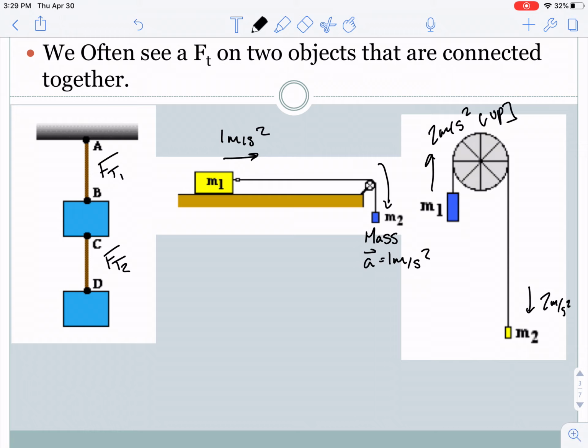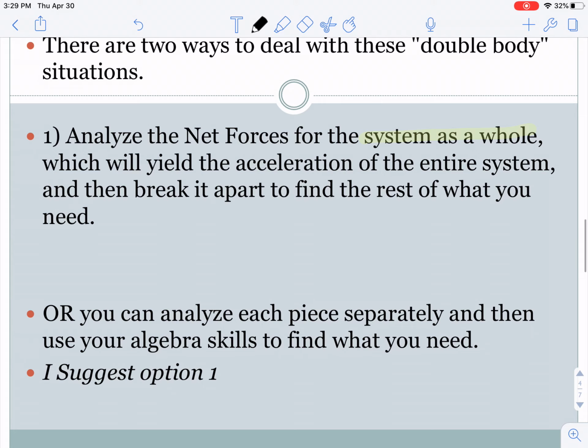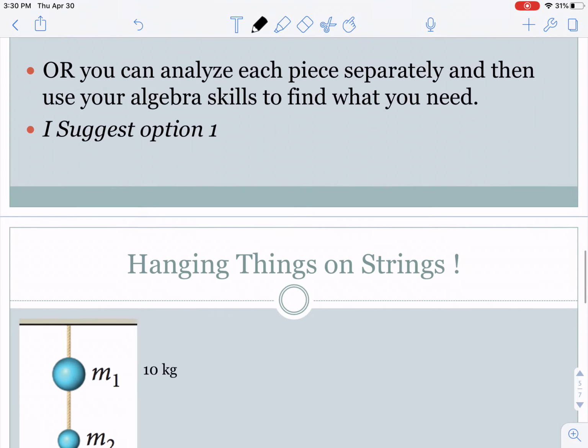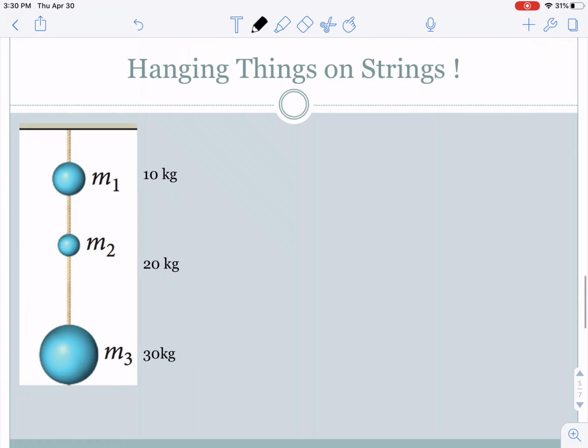The whole goal of this process is to find the acceleration number for the entire system. There are two ways to do that. Redraw it as one whole system, which I'll show you how to do later, then find the acceleration and plug it into each individual block. Or we can analyze each piece separately and then substitute and eliminate them in algebra, but we're always going to use number 1.